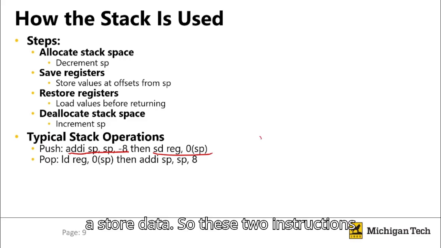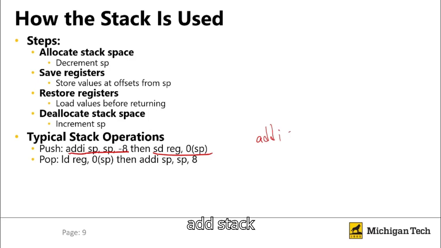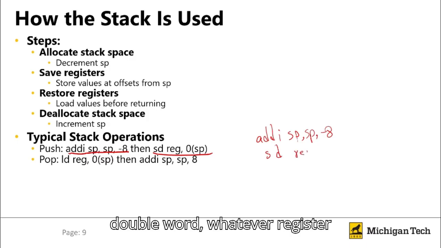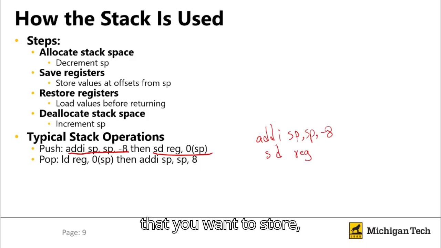So these two instructions: add to the stack pointer -8, and store double word, whatever register you want to store, you can put at the stack pointer. That's a push.